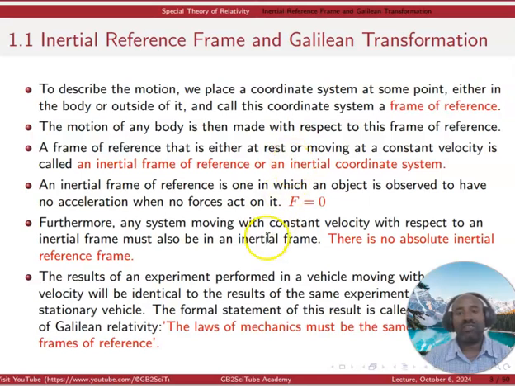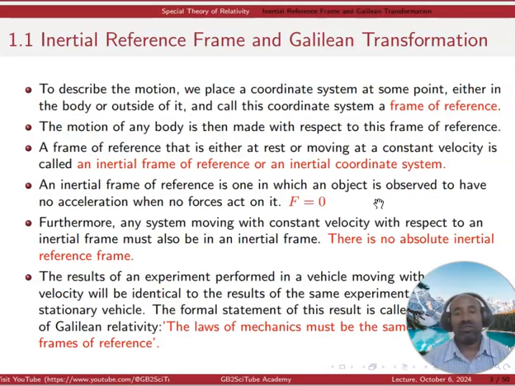An inertial reference frame is a frame that is either at rest or moving with constant velocity. That means the inertial reference frame is the frame of a certain object or observer, and the frame is at rest with velocity 0 or moving with constant velocity.